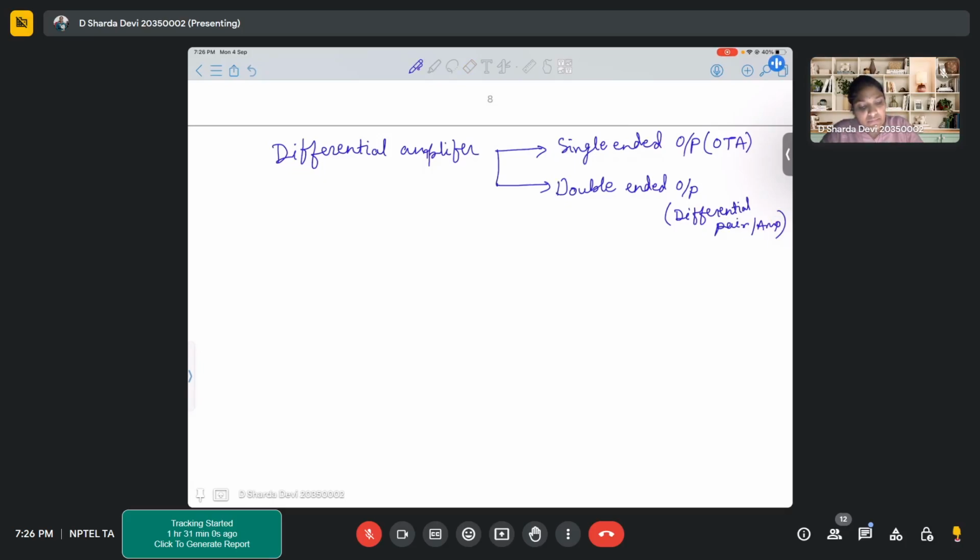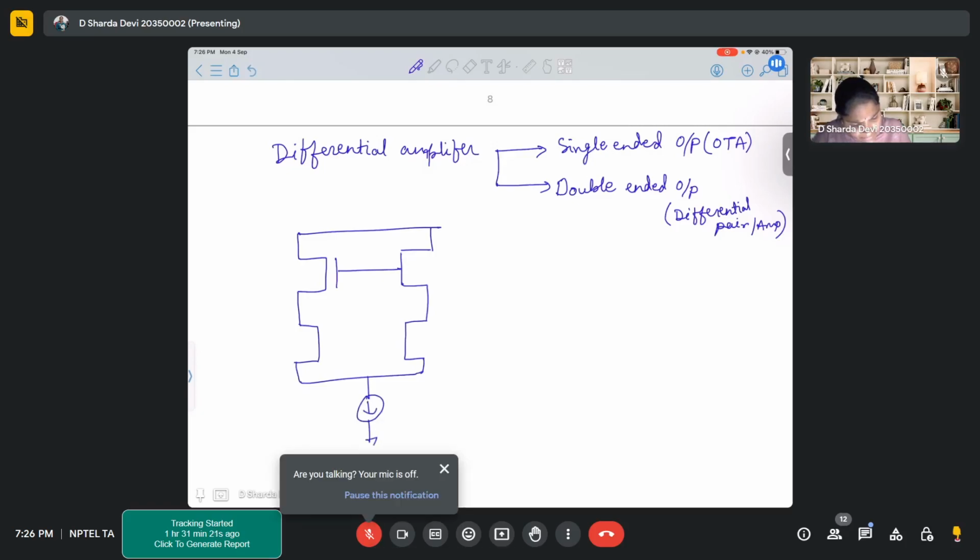So now let's see how these circuits look like. Let's draw a very basic differential amplifier.